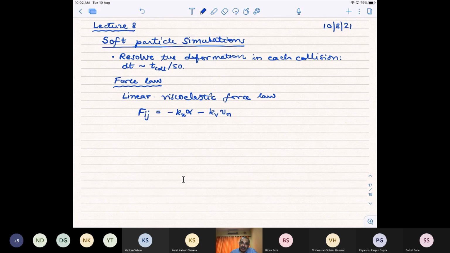And of course, force is generally a vector, but here I'm showing the magnitude only.